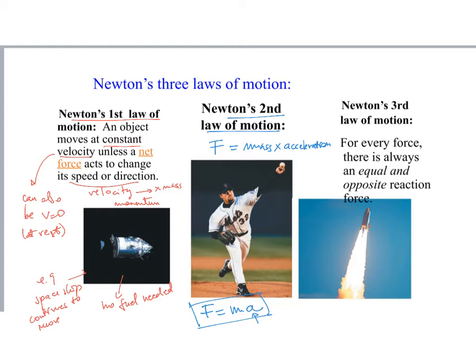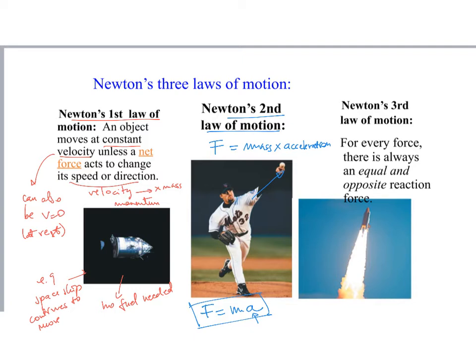All right, so among other things that this law explains is, for example, why the baseball player can apply the same force to a baseball, which is going to travel much further than, for example, a shot put, because the latter has a much larger mass.